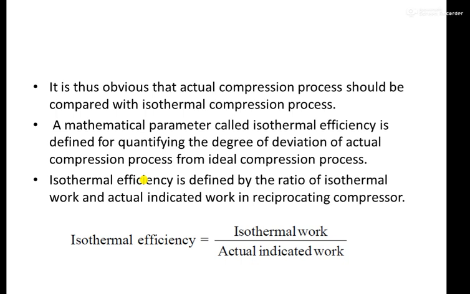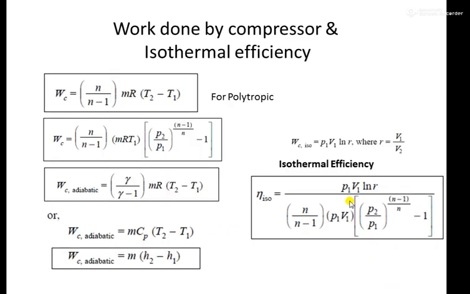So we'll be comparing the actual process with the ideal process, that is the isothermal. Actual process is either adiabatic or the polytropic, right? So this isothermal efficiency, the term, it has been defined as the ratio of isothermal work by actual indicated work, right? Isothermal work would be less than the actual indicated work, so this factor would be less than 1.